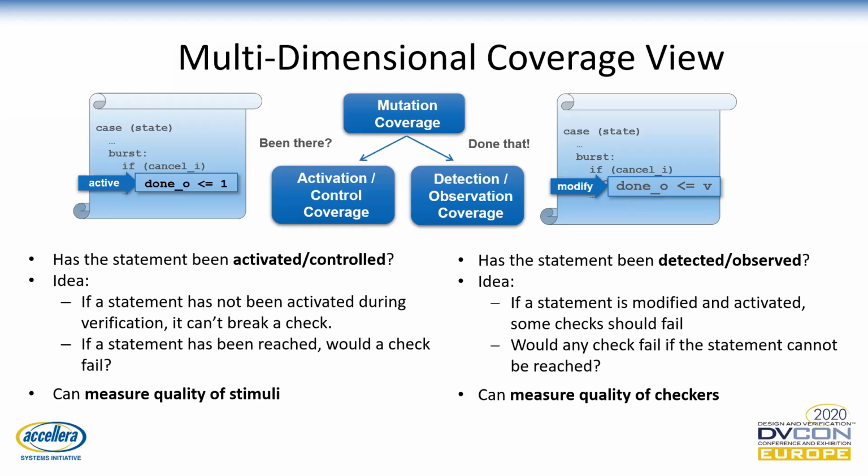If a statement that has been activated is modified, this is similar to introducing a bug. And the question is, does at least one check, in our case an assertion, fail? This measures the quality of the checkers. This measures how good your assertions are.